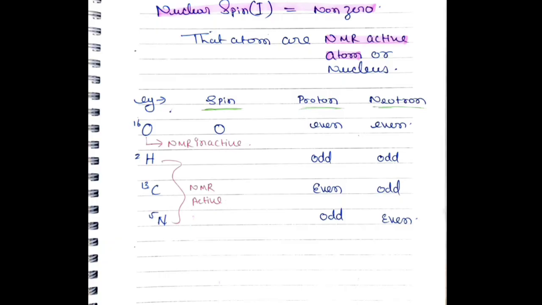Now the second example is hydrogen, H2, which has an odd number of neutrons and protons, so it is an NMR active atom. C13 also has even protons and odd neutrons, so it is also NMR active, and nitrogen 15 is also an NMR active atom because it has an odd number of protons and an even number of neutrons.